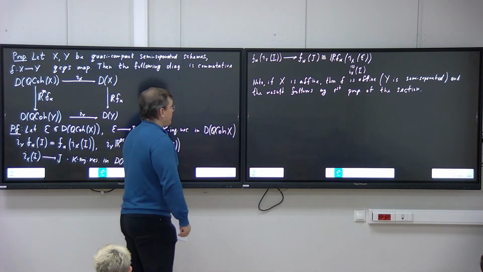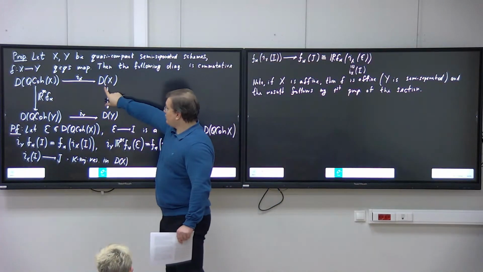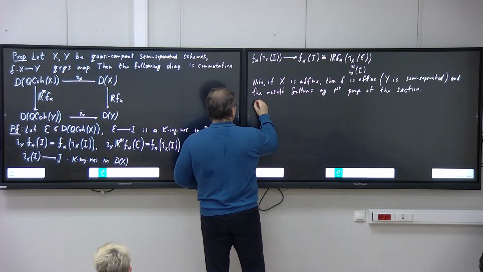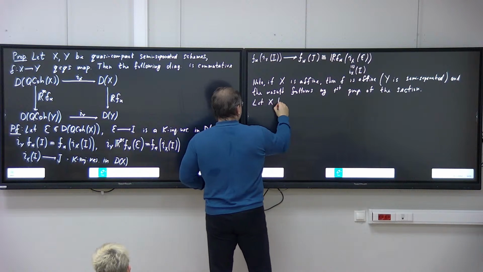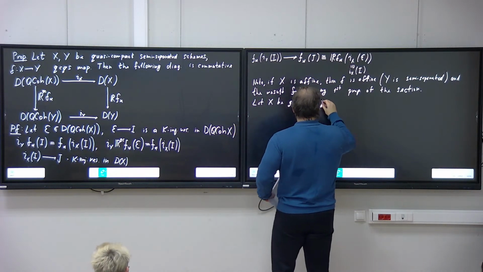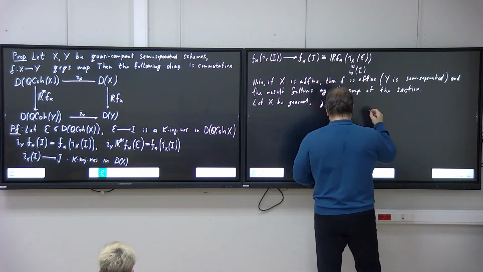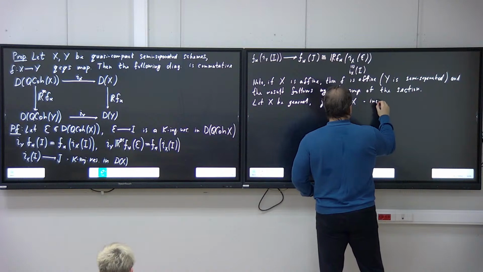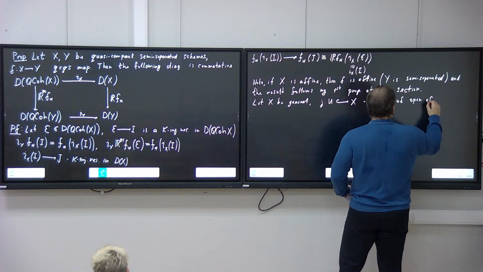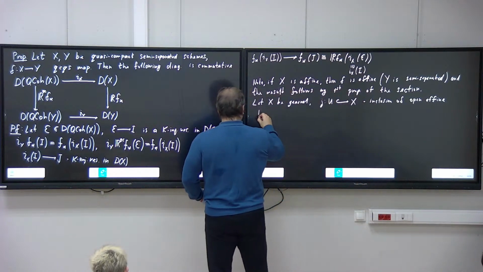So now I want to reduce everything to the case when X is affine. To do this, I consider two such squares. Now let X be general, and let's take J, which is just the inclusion of an affine open subset U into X. So then I have two such diagrams.